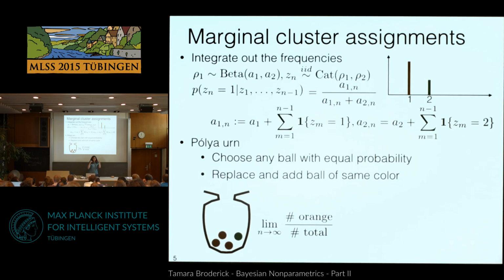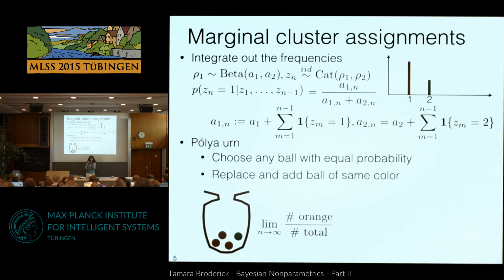So we said, okay, we have cluster 1 with probability rho 1, cluster 2 with probability rho 2, et cetera. And so the problem was the infinite thing was this underlying distribution, the rho 1, rho 2, up to infinity. And the finite thing was when I actually make these draws, 1, 2, et cetera, and so on.